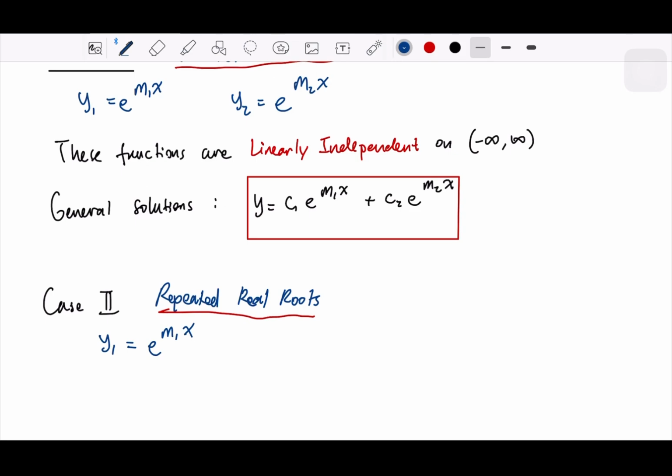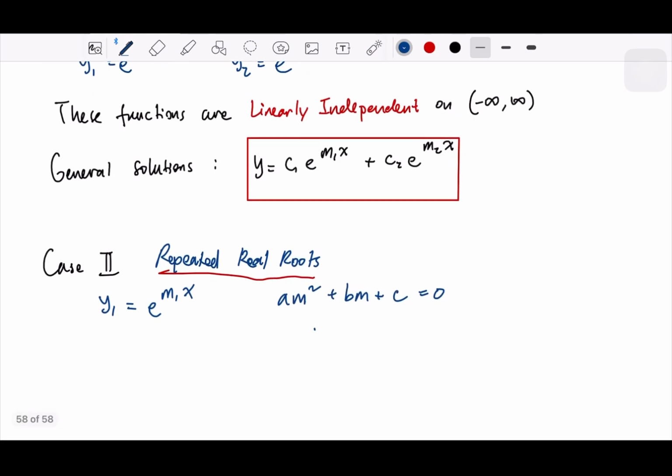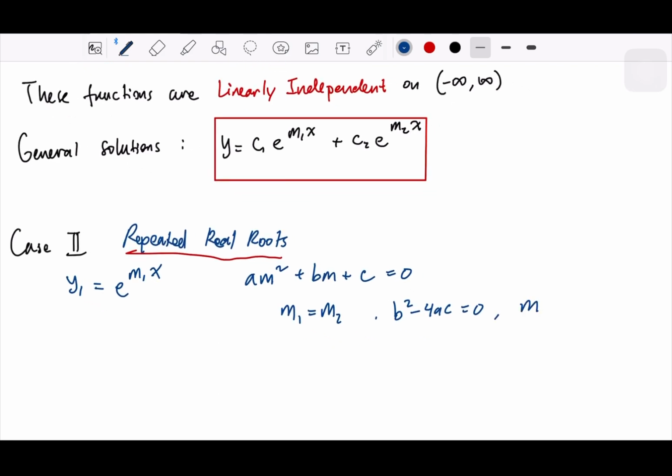And from the quadratic equation, since m1 is equal to m2 and b squared minus 4ac is equal to 0, then our m is negative b over 2a. That determines our m here.